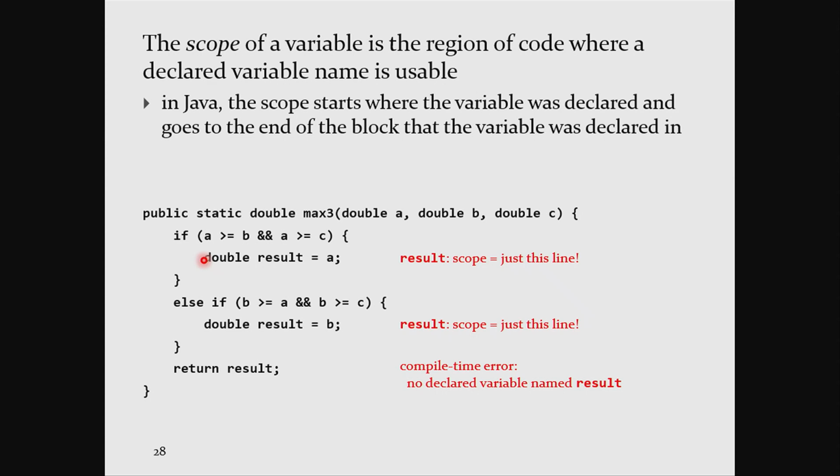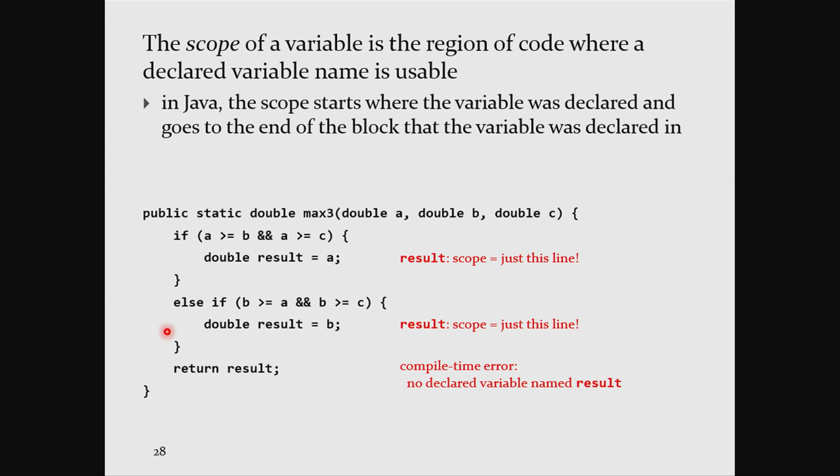So that declares a variable called result, sets its value to A, and then result disappears. It's gone after you exit this block. It doesn't exist as far as the compiler is concerned. If you do the same thing in the second clause, well, yes, result is now equal to B, but it's only usable inside this block. So the scope is only that one line.